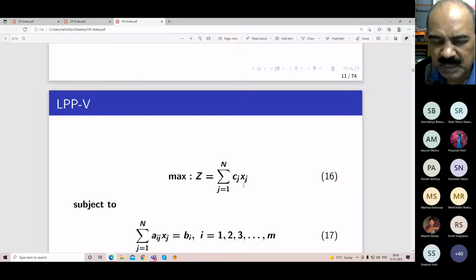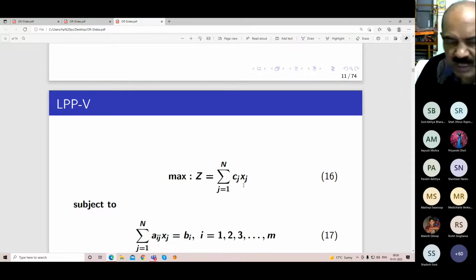But generally there is some technical problem, because we have introduced some artificial variables. These artificial variables we have to remove. Since you are going to remove the artificial variables, we have to introduce some weight to drive them out. That will be discussed in the penalty method, called the big M method.